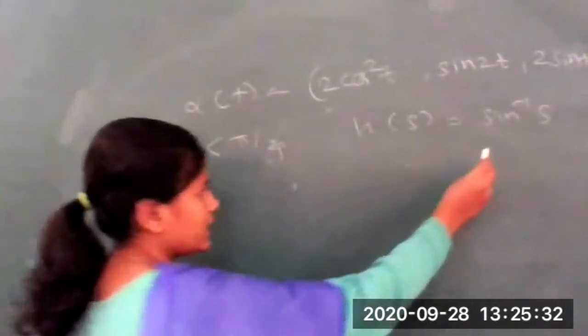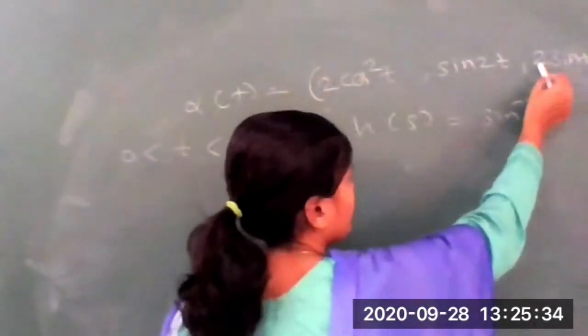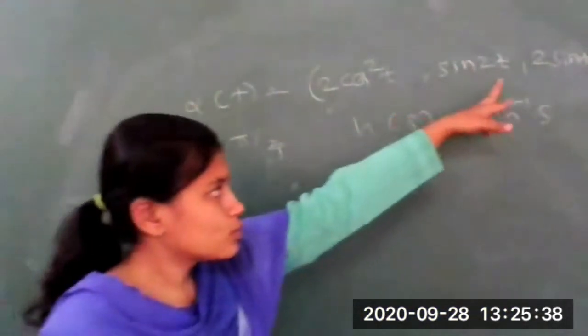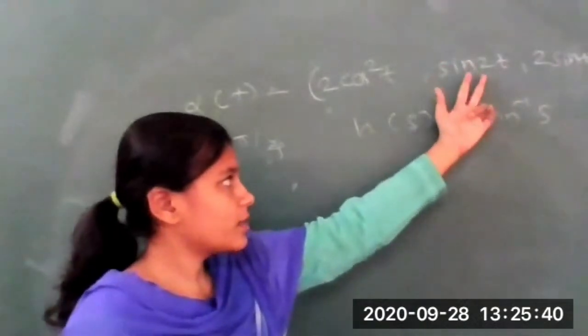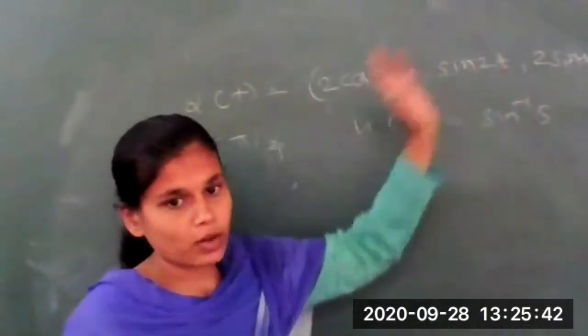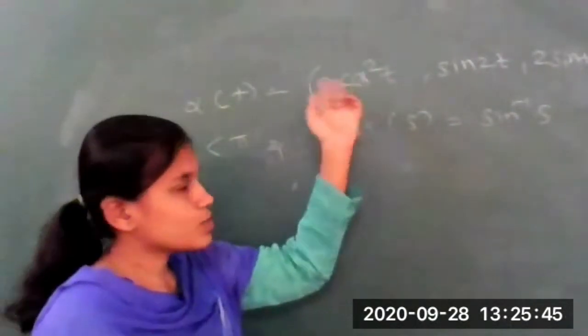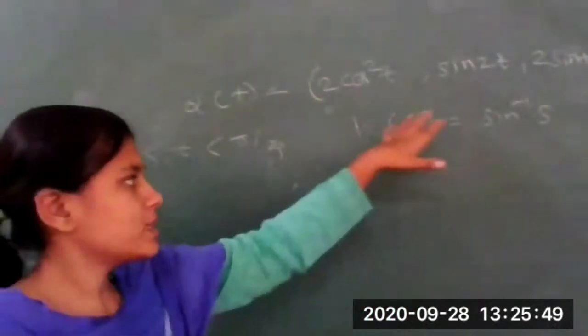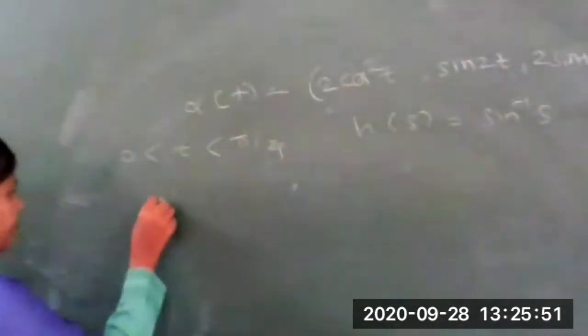If you observe sine inverse of s, for the first term here there is no problem. 2 sine inverse will give identity, so this will be 2s. For the middle term, we have to evaluate 2 sin t cos t, and here it is 2 cos square t. So this cos square t I have to convert in the form of sine so that we can have an easier simplification.